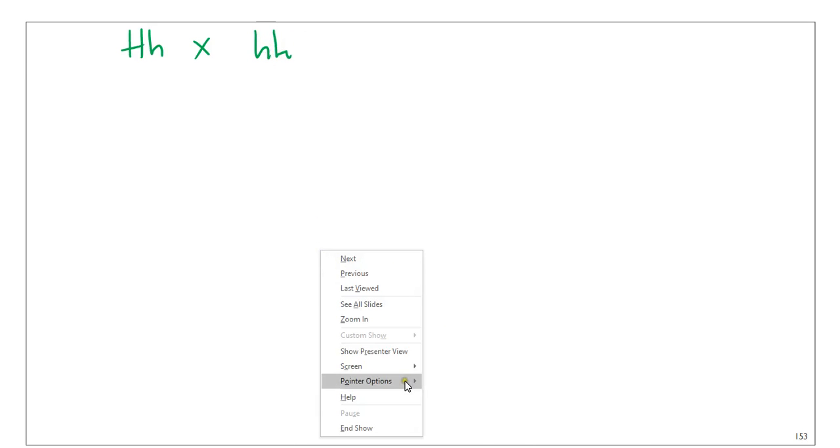So I'm going to just start with this one. This is when the Huntington disease patient is heterozygous for the trait, and the partner has to be recessive for the trait. So we're going to do our Punnett square here.